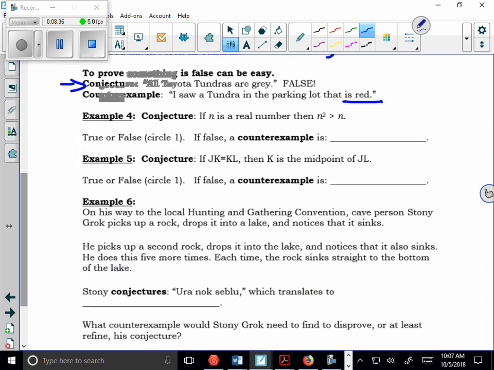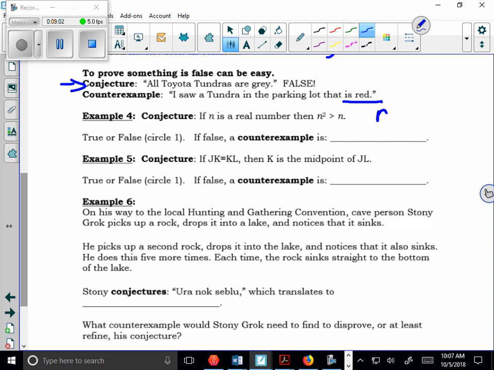Example 4 says conjecture: if n is a real number, then n squared is greater than n. That seems to make sense. If I take any number and square it, it's going to be greater than just that number. But we have to think about real numbers, which is any number that can basically be plotted on a number line. So I'm going to start with the most basic example, 1.